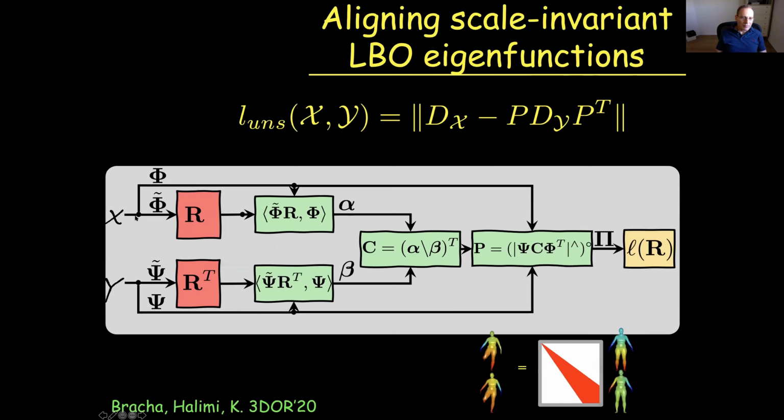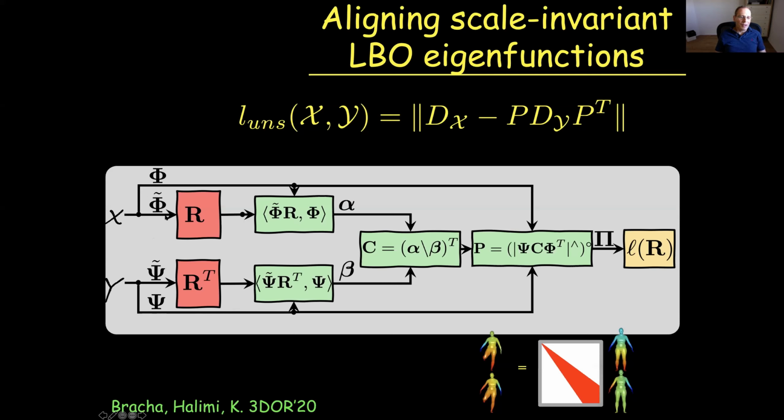So again, what Amit did is the following. Using the functional map idea, he was still keeping the functional map framework and this unsupervised idea. But rather than feeding features, he fed the scale invariant eigenfunctions into something that he's training. Now, what is this something?